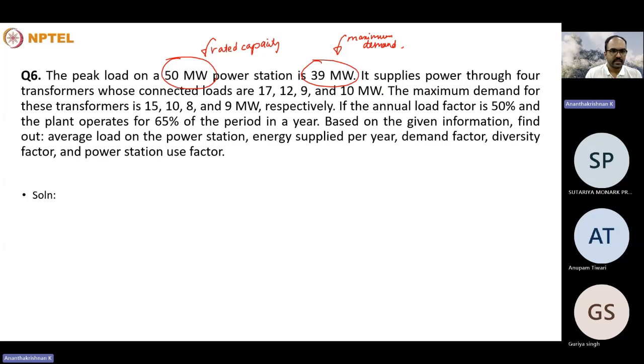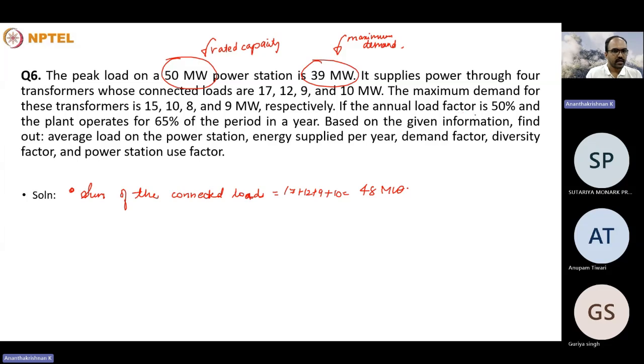Then it supplies power through four transformers whose connected loads are 17, 12, 9, 10 megawatt. So the sum of the connected loads will be equal to 17 plus 12 plus 9 plus 10, equal to 48 megawatt.